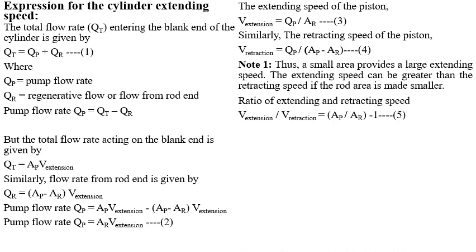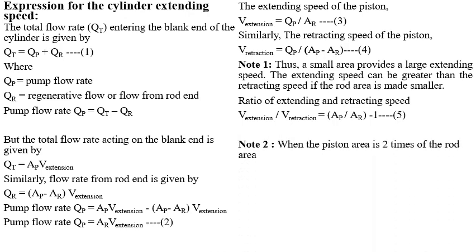So QP gets cancelled, and AP minus AR comes to the numerator and AR goes to the denominator. Simplify this, we will get AP by AR minus 1. Call it equation number 5.